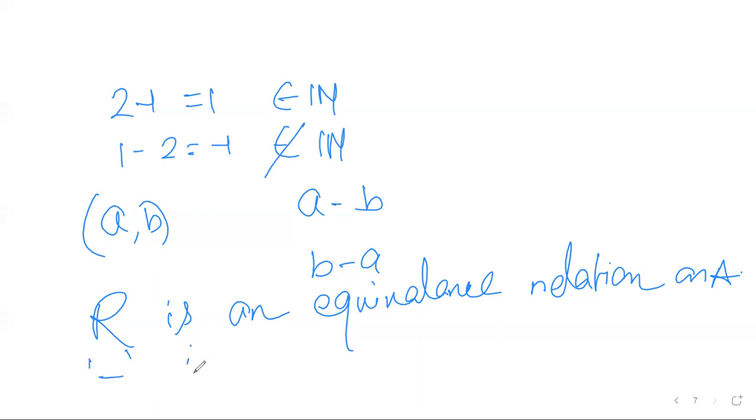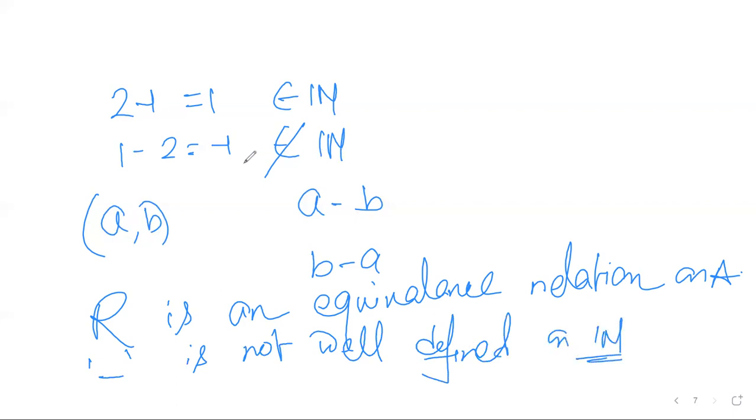This thing is not well defined on the natural numbers, but somehow I want to define it as it is well defined on Z. So this is the key role.